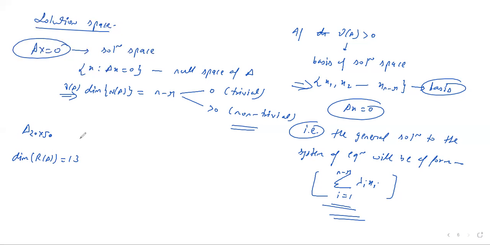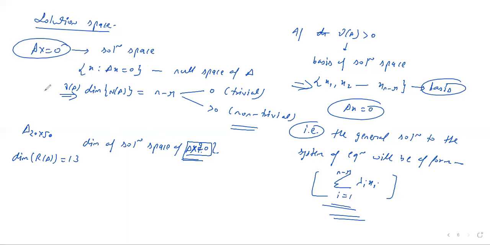Now I want to find the dimension of the solution space of Ax equals 0. We have to specify that this is the homogeneous system.